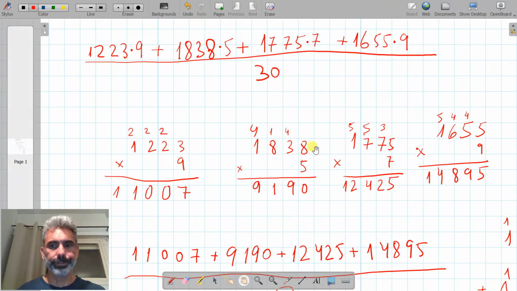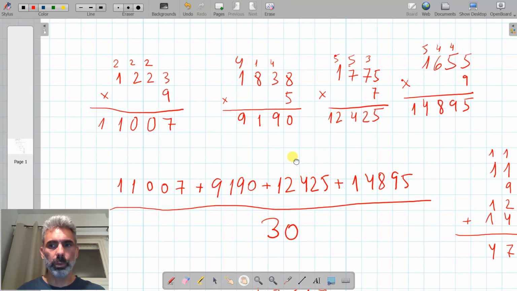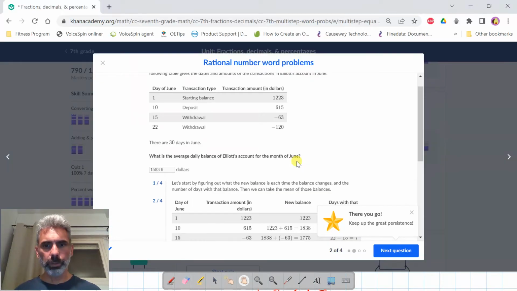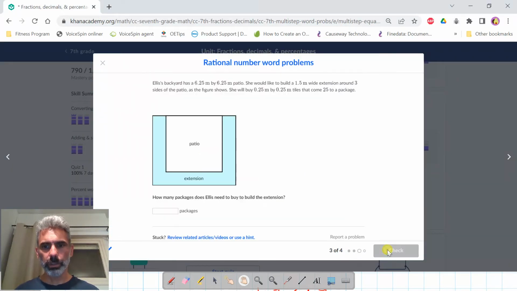So I just need to work slow and accurate, and every time you feel you are distracted and think of something else, you need to gather your thoughts and focus on the problem again. Okay, let's move on. Next question.